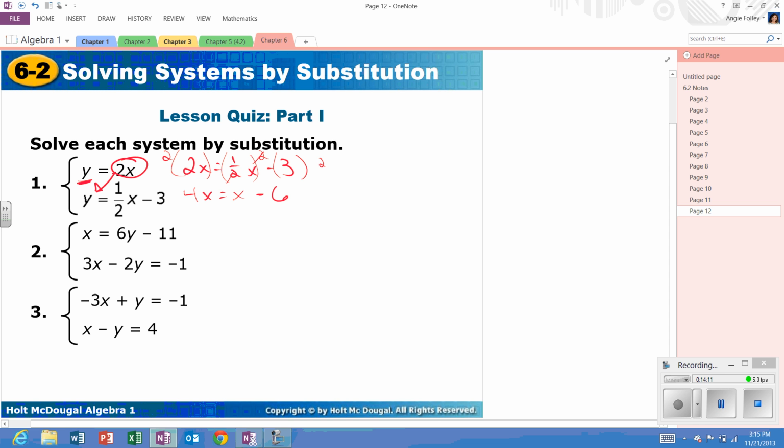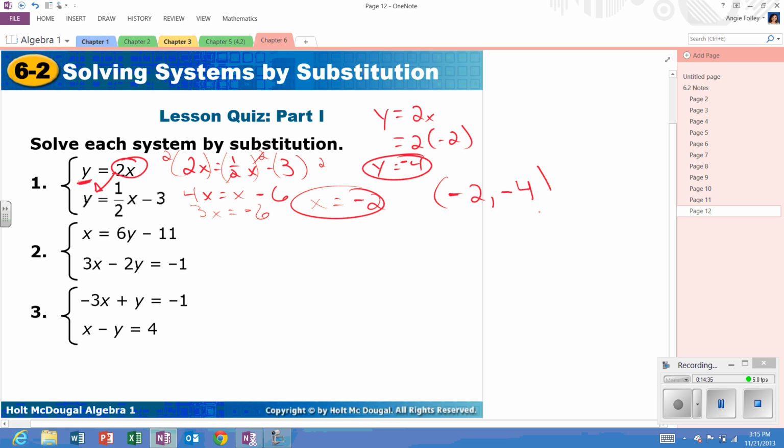If I move that x over, subtract it, I get 3x equals negative 6. So then I get x is equal to negative 2. Now I can plug that into y equals 2x, and I get 2 times negative 2, so y is equal to negative 4. So my solution is negative 2 comma negative 4.